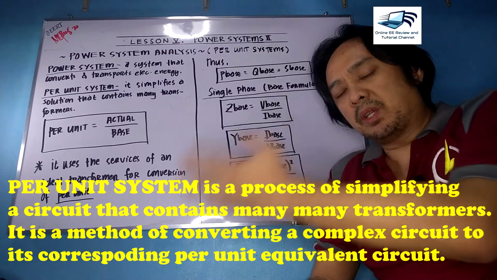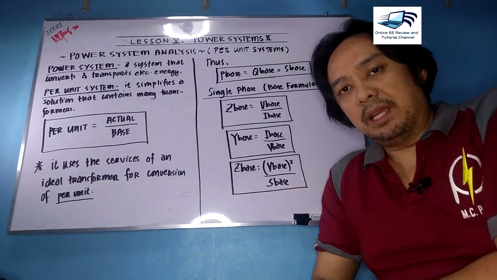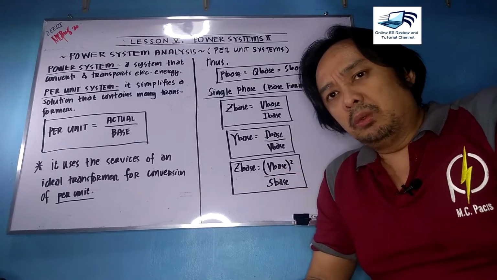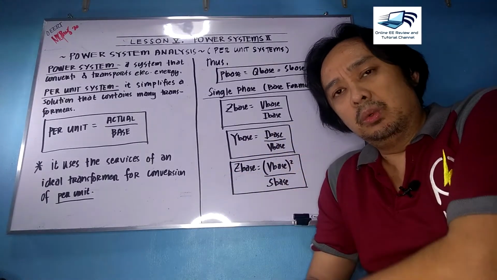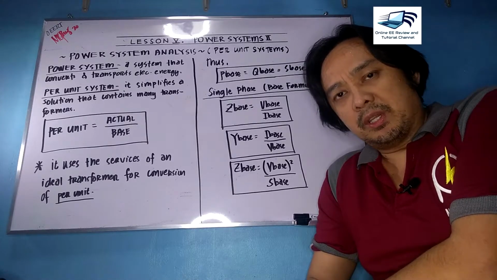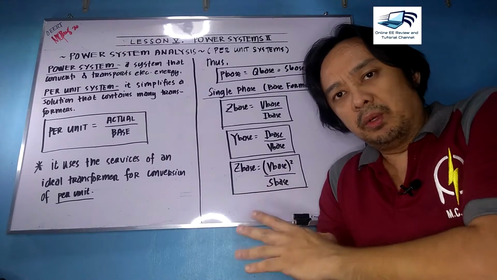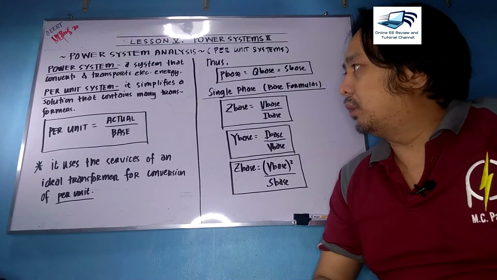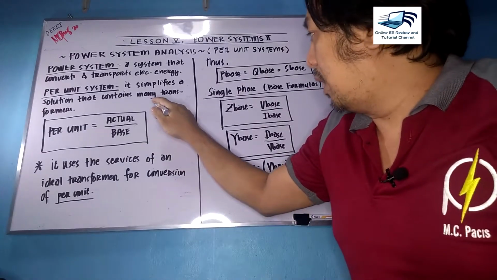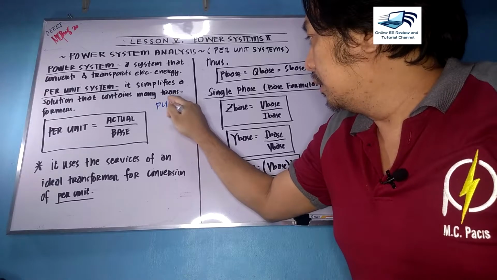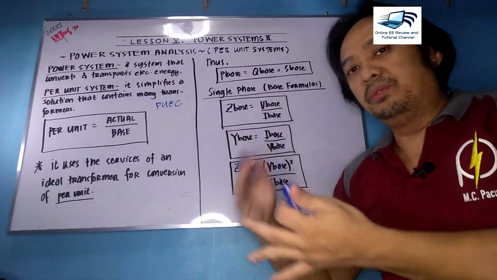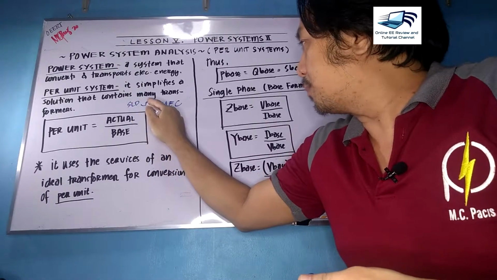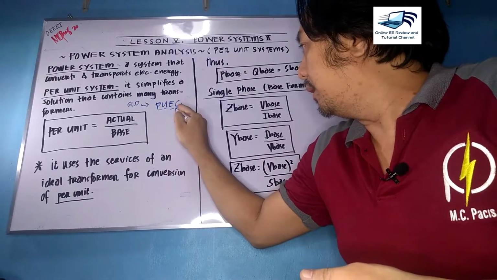From our last slide, we have two buses, two generators, and two transformers as well. You need to model them in such a way that it becomes a per unit equivalent circuit. Our main goal here is to convert your single line diagram to its corresponding per unit equivalent circuit.